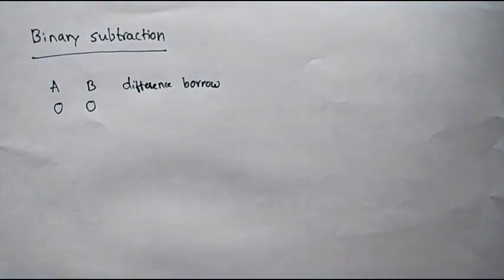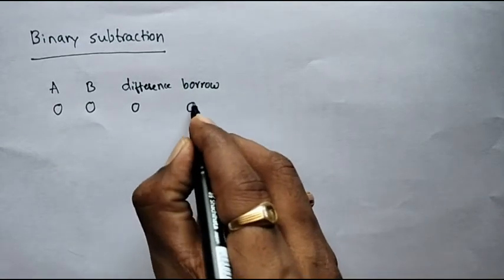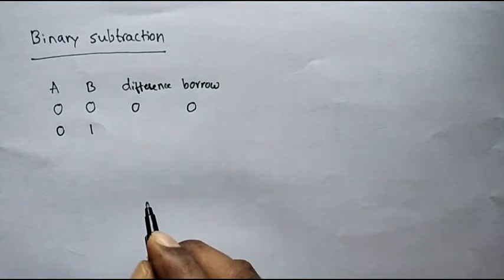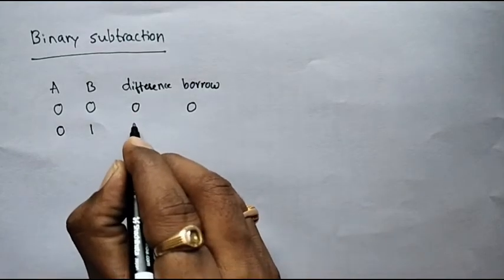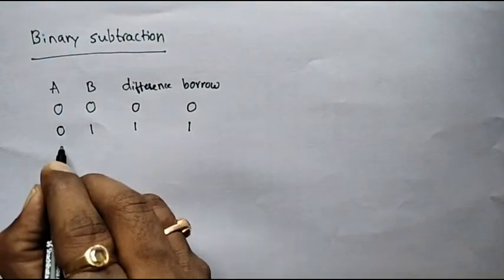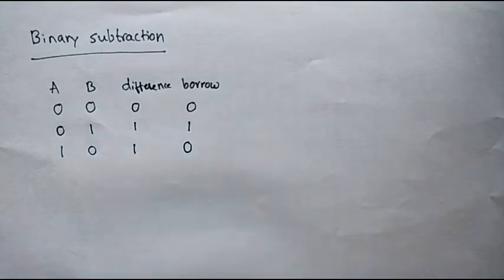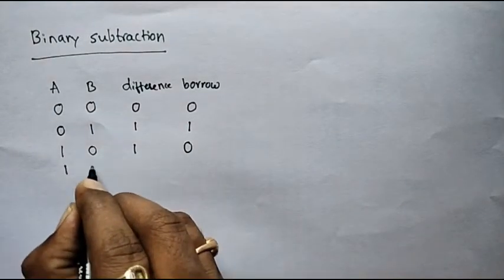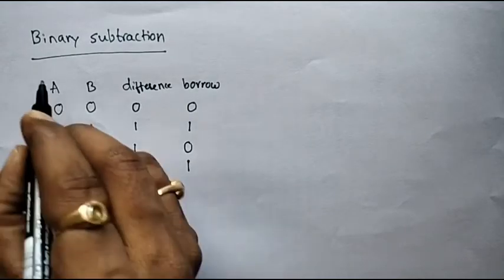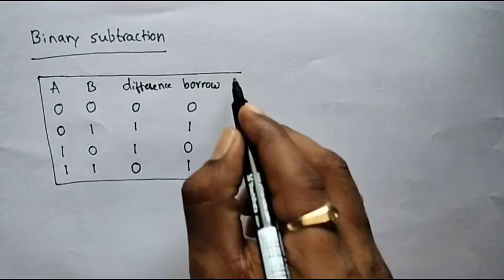When we subtract 0 from 0, it produces 0 as difference and 0 as borrow. 0 minus 1 produces difference as 1 and borrow as 1. 1 minus 0, difference is 1 and borrow is 0. When both numbers are 1, 1, difference is 0 and borrow is 0. So this operation takes place in binary subtraction.